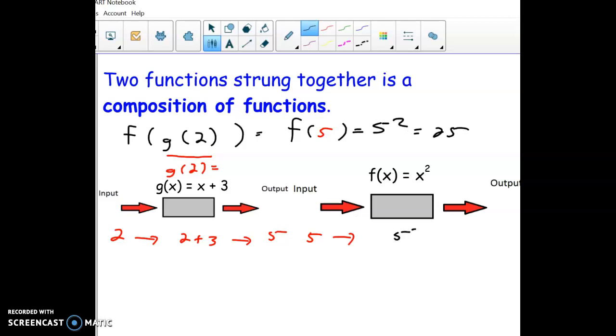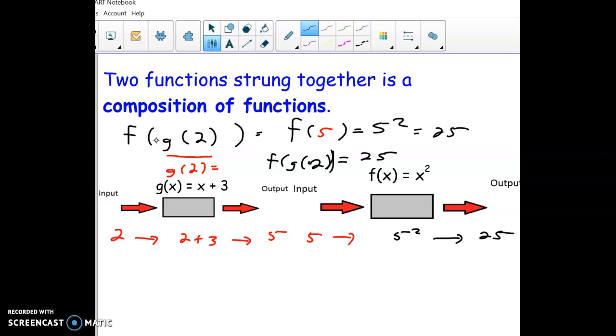So we get 5 in here, and then output is 25. Okay, so we would say, go back to the original problem, f of g of 2 is 25. Right, so that composition of functions right there equals 25.